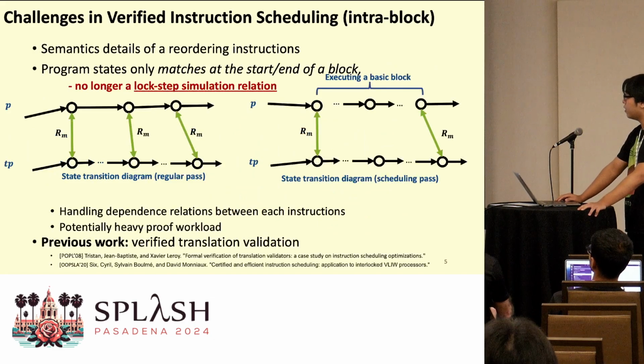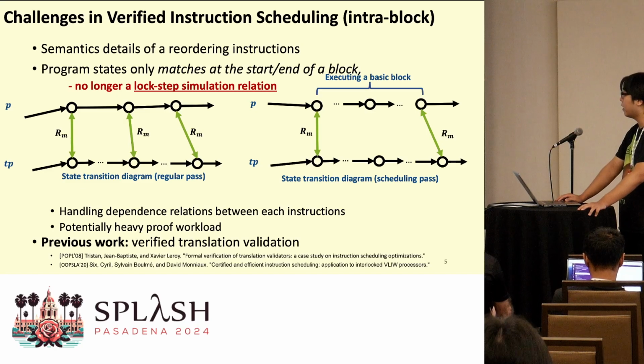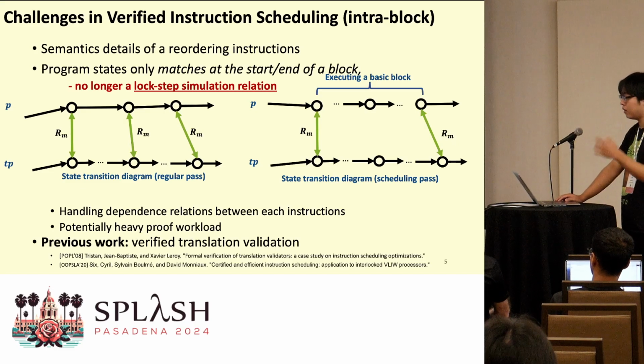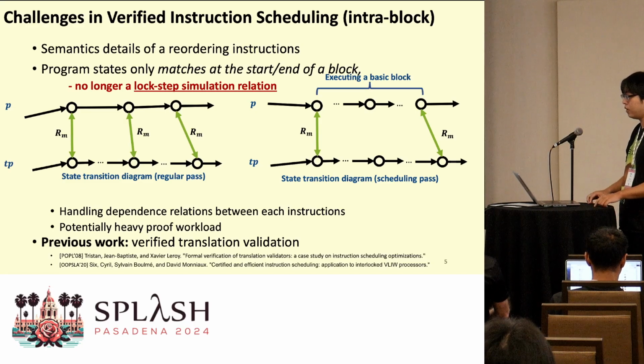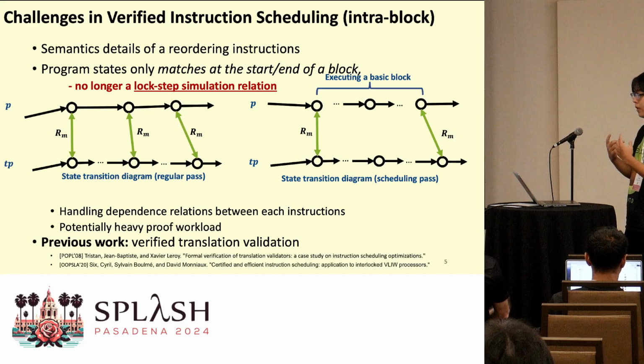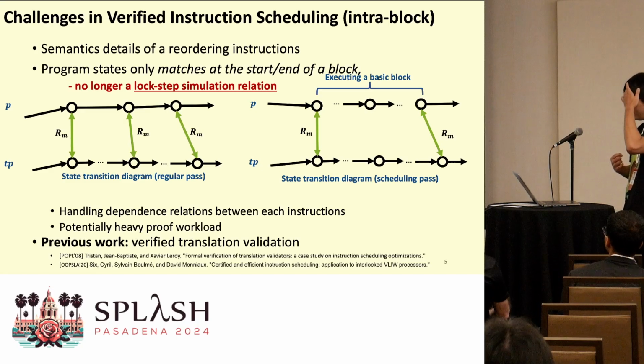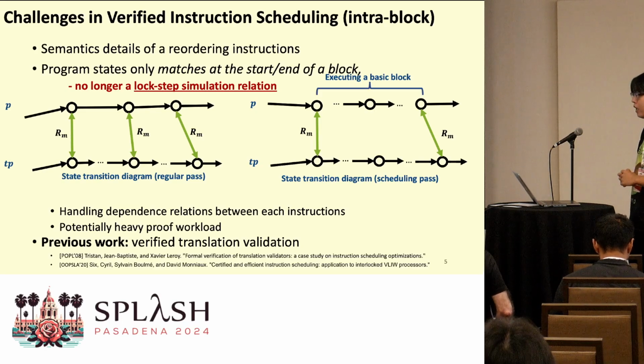The challenge to formally verify instruction scheduling is that the dependence inside the basic block is complex. That means the previous framework in CompCert, which requires lock-step simulation relations, where the state of program execution is matched step by step, is no longer satisfied. The program state will only be matched at the start and end of the basic block.